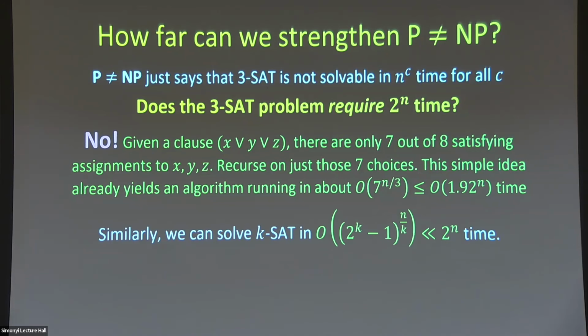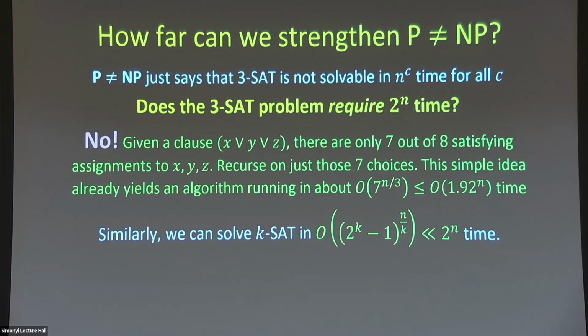Similarly, you can solve k-SAT in (2 to the k minus 1) to the n over k time. The idea is that given a clause of length k, there are only 2 to the k minus 1 possible satisfying assignments out of the 2 to the k. And if you plug one of them in, you reduce the number of variables by k. So you'll do that at most n over k times.